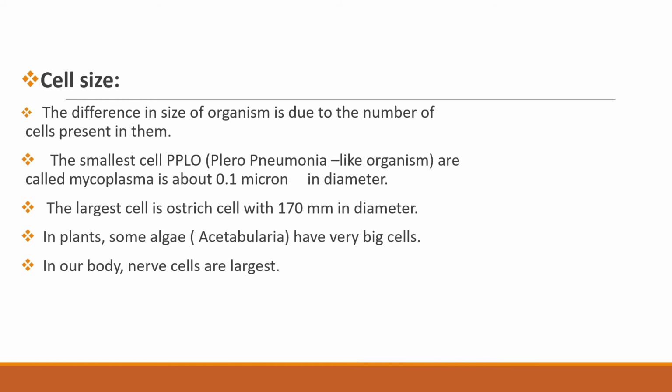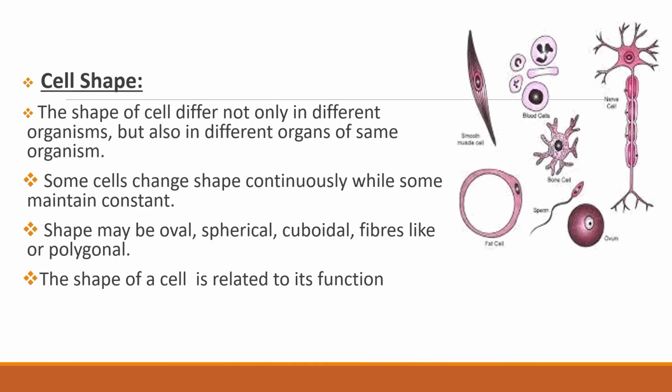Okay, next we have the cell shape. You see, these are different types of shapes. Some cells are elongated, some are oval, some are round, some are branched. Cell shapes differ not only in different organisms but also in different organs of the same organism.